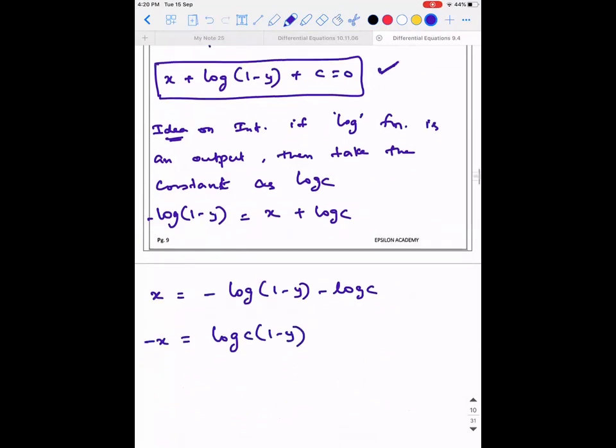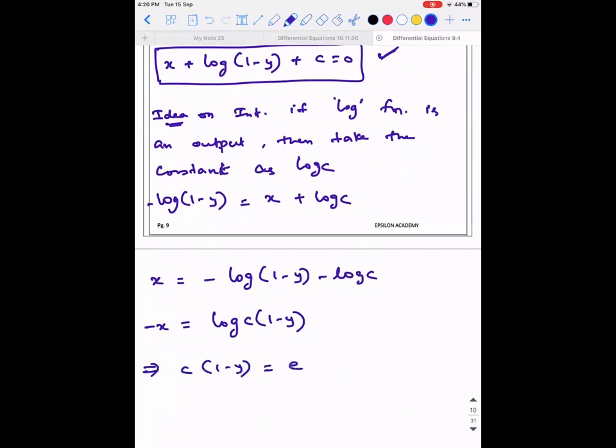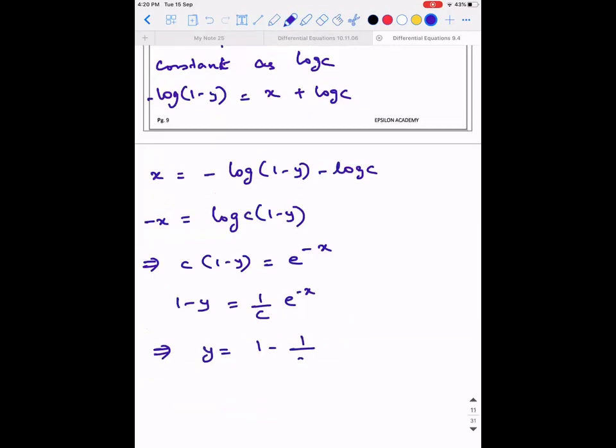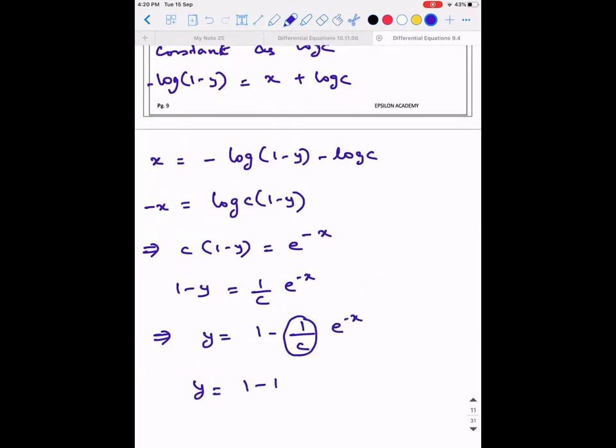Which implies C into (1 minus y) will be equal to e power minus x. So 1 minus y equals 1 by C e power minus x. You can write it as some other constant, let's say k. Then y will be equal to 1 minus k e power minus x. So this will be the required answer.